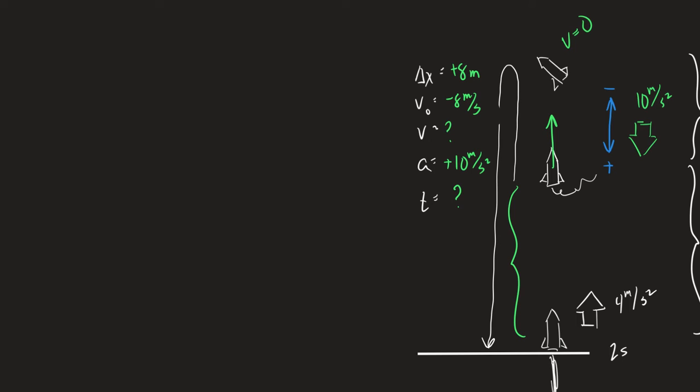All right. I think delta x equals 1/2 a t squared plus v naught times t. So 8 equals 1/2 times 10 t squared minus 8t. Now, I've put you in a bind doing it this way.